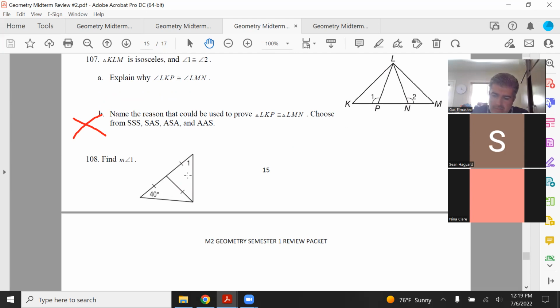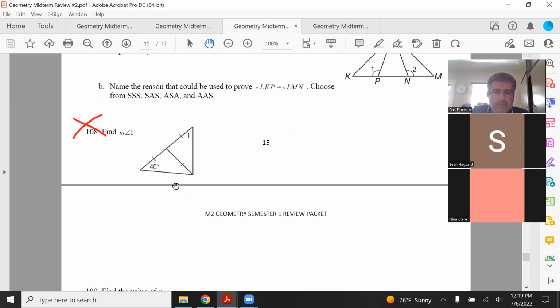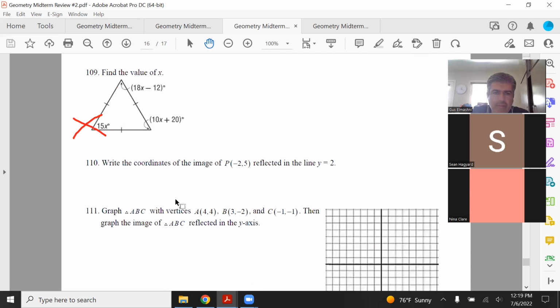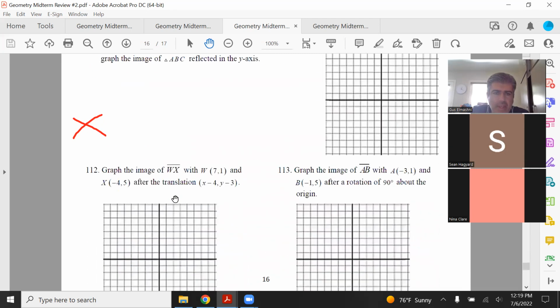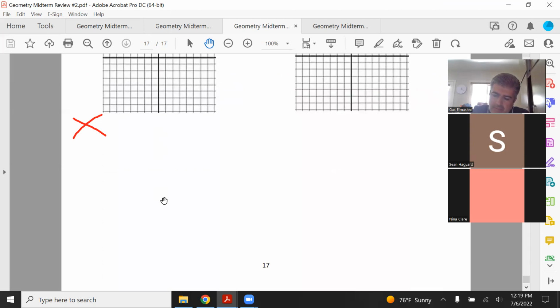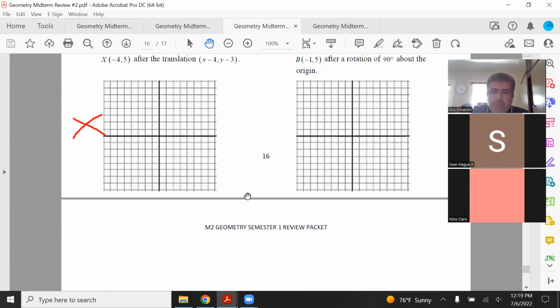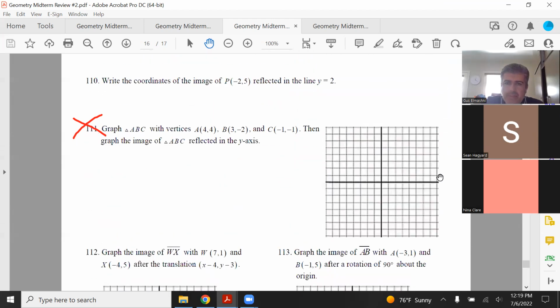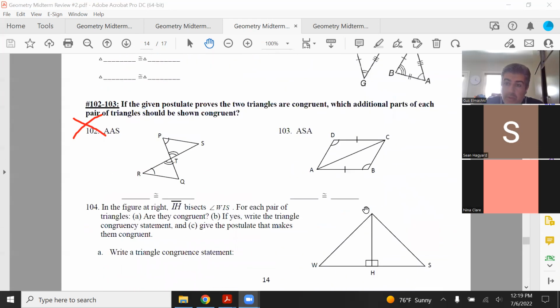Yeah, 108. That's fair. Yeah, 110 through 115 would have to do. Okay, so there are some problems that are good to do. So let's do this. Let me have you guys work on page 1, just kind of get that out of the way.